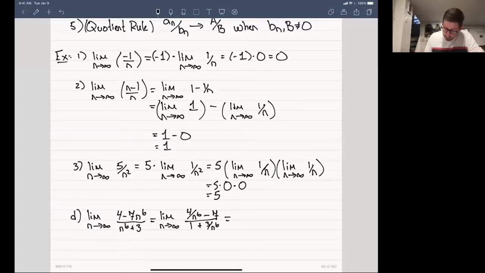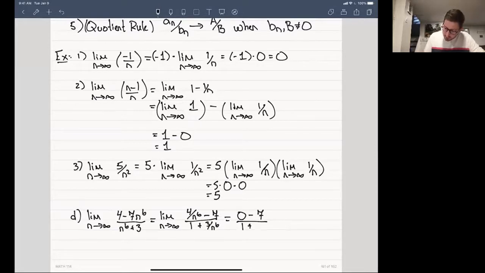So for example, the limit as n goes to infinity of 4 over n to the 6, this is going to take a lot of work if you want to follow all the rules, but we can skip a lot of them. That is going to be 0, right? That's going to use the product rule just 6 times, just like we did in example 3. So you get 0. Then minus 7, because 7 is a constant, it's independent of n, divided by 1, that's a constant, it's independent of n.